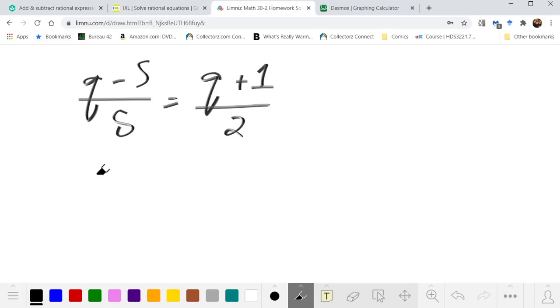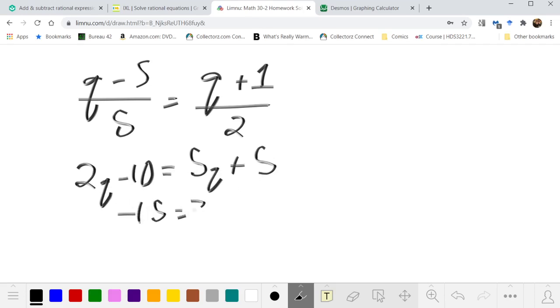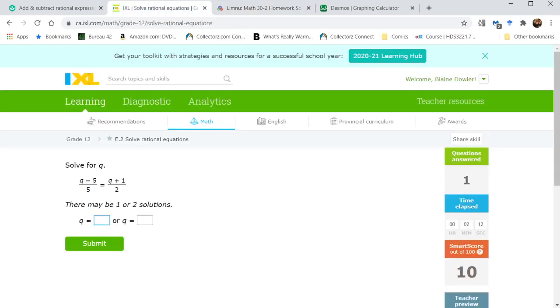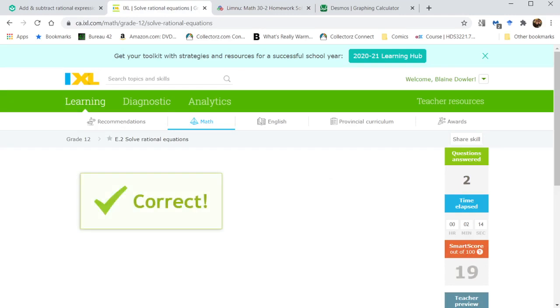Multiplying out on both sides, 2Q minus 10 is 5Q plus 5. That gives us negative 15 equals 3Q, or Q equals negative 5. Again, just a single solution.